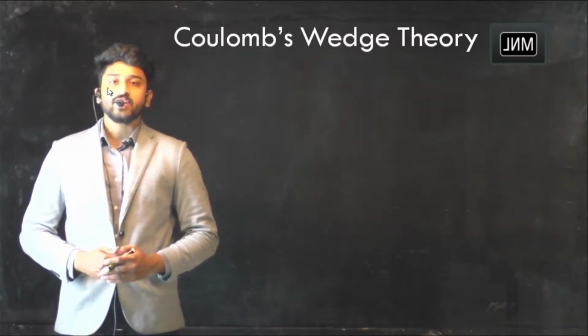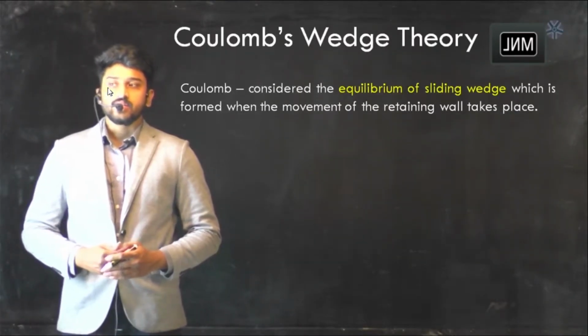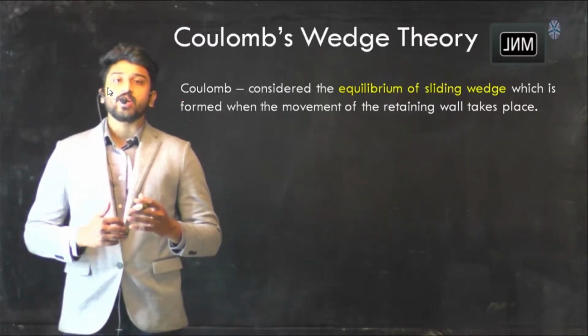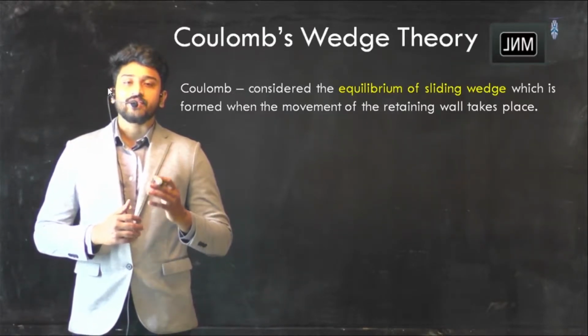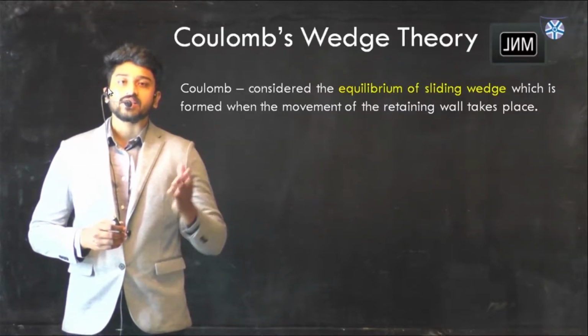Coming to the next topic, the Coulomb's wedge theory. Coulomb's wedge theory considers the equilibrium of the sliding wedge. That means if you consider any soil mass, the failure is assumed to be along a certain plane.